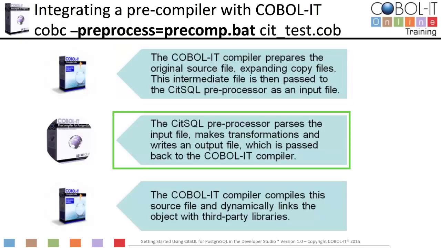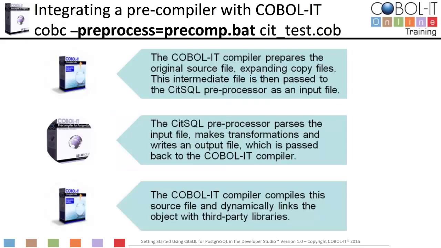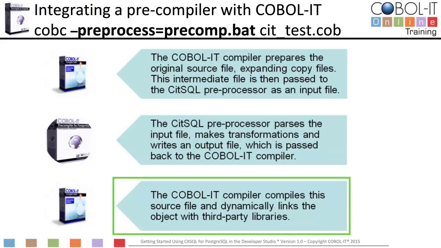The CitSQL preprocessor is run from the preprocessor command file. In our example, the preprocessor command file is called precomp.bat. The preprocessor parses the input file, makes transformations, and writes an output file, which is passed back to the COBOL-IT compiler. Finally, the COBOL-IT compiler compiles the source file.